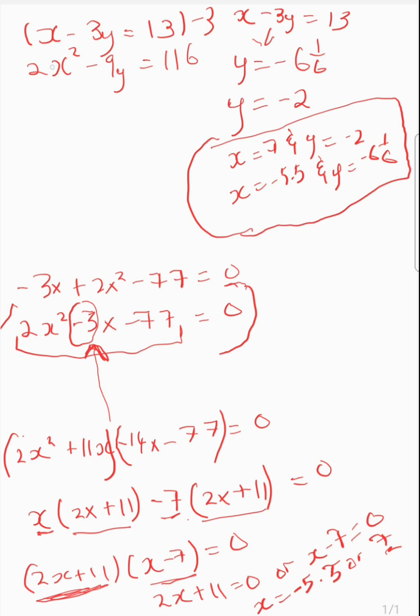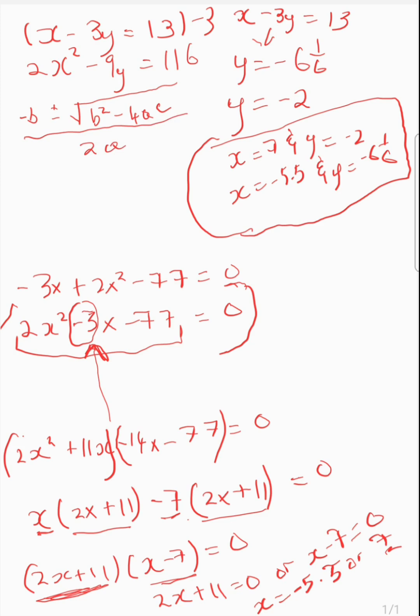So we know that the quadratic formula is in the form of minus b plus or minus square root of b squared minus 4ac. Is it 4ac? Yes, if I remember well. Then all of this divided by 2a.